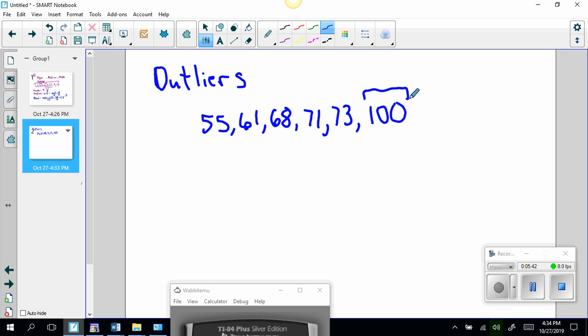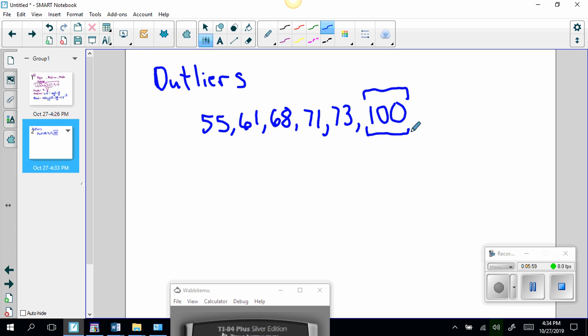Do you think that's an outlier? What is an outlier, and how do we find one? Well, we're going to have to learn procedures to define whether something is an outlier.